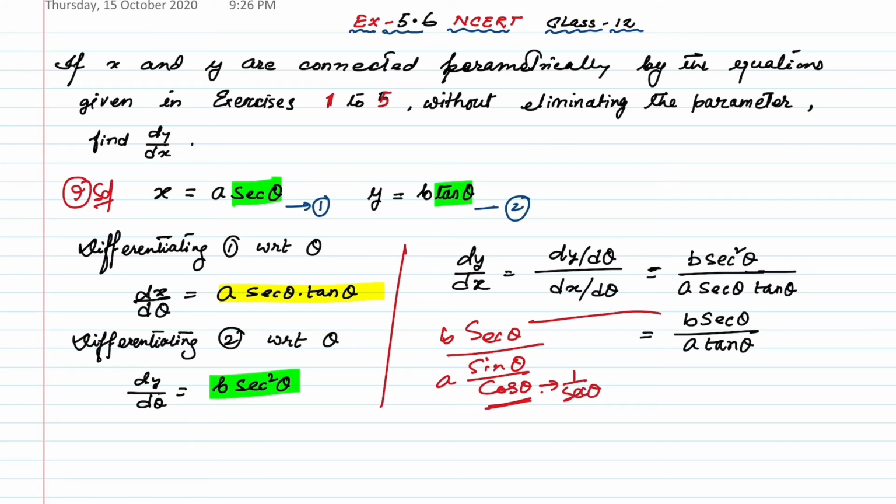So this sec theta cancels, and we will get only b by a sin theta. 1 by sin theta is cosec theta, so we can write b by a sin theta, or we can write b cosec theta by a. Both are true.